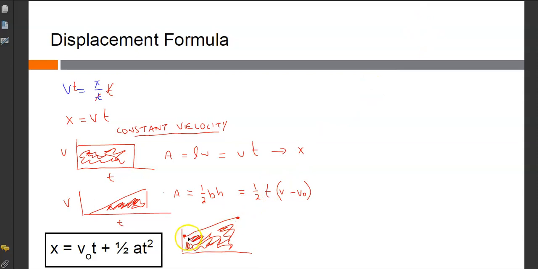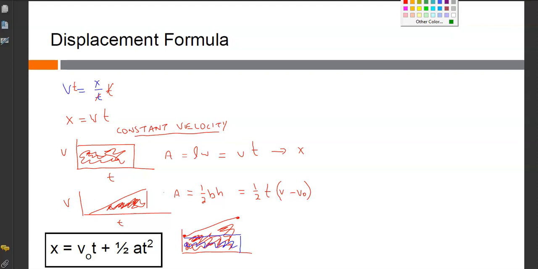I'm going to have a rectangle on the bottom and find that area. And then I'll have a triangle on top and that area. And if I add those two areas together, then I'll have my total area. So that's the thing that we're working on doing here.